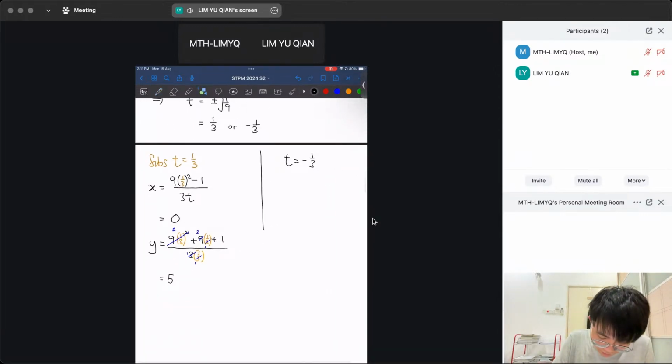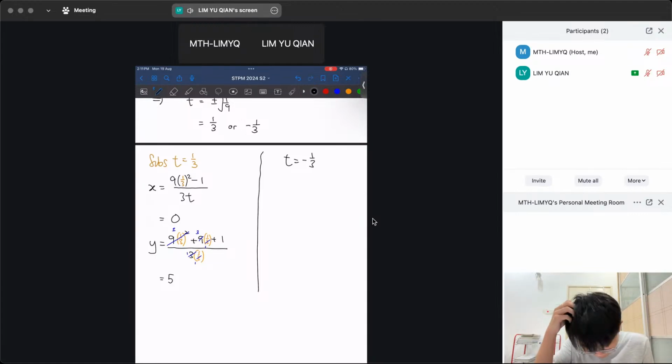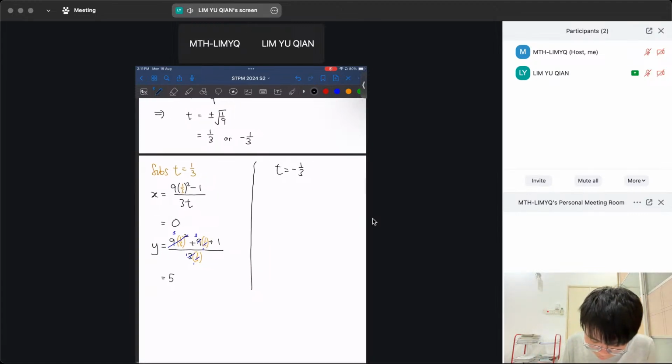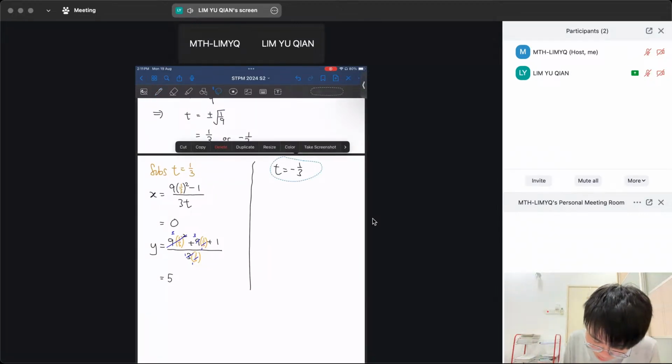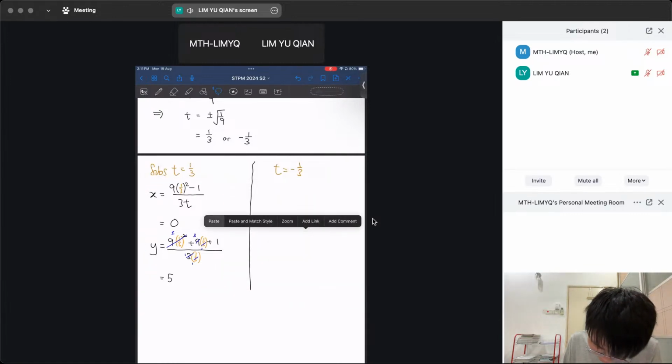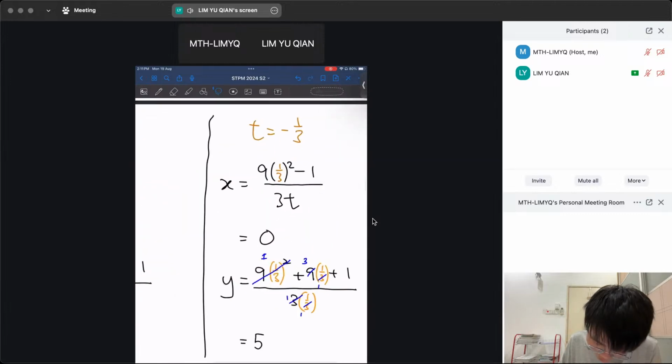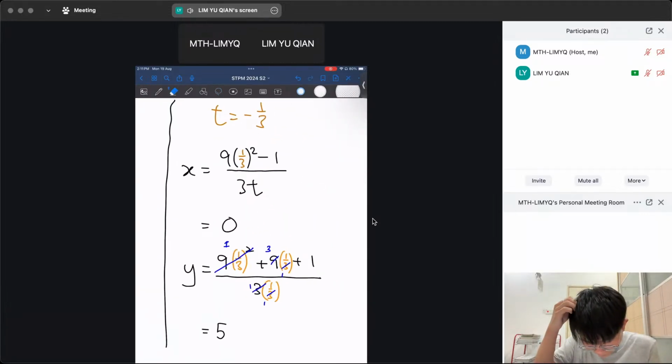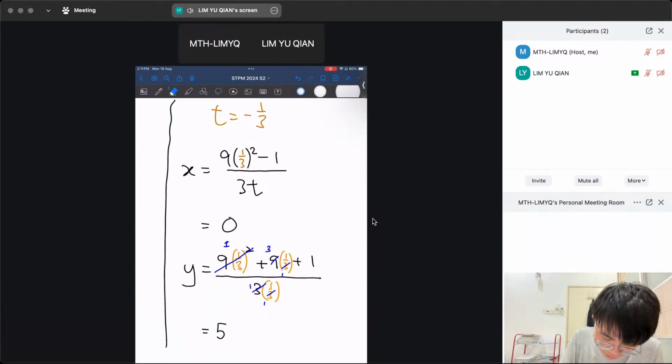Okay. And then t equal to negative 1 over 3. Do the same thing. Do the same job. So x value also is 0.